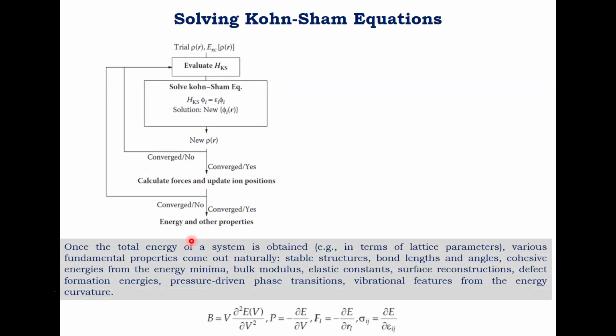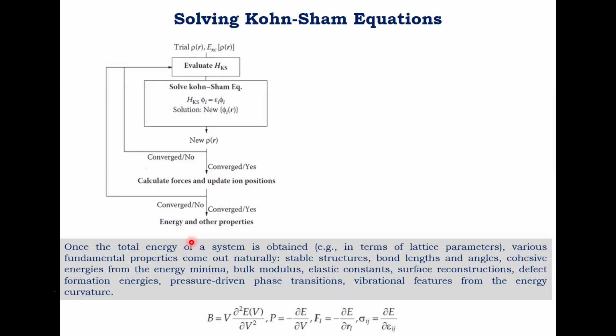Once the total energy of the system is obtained, for example in terms of lattice parameters, various fundamental properties come out naturally, like stable structure, bond lengths, angles, cohesive energies from energy minima, bulk modulus, elastic constants, etc. All the various kinds of structures and parameters can be easily found out. So the first fundamental thing in density functional theory is that you have to find the converged total energy.